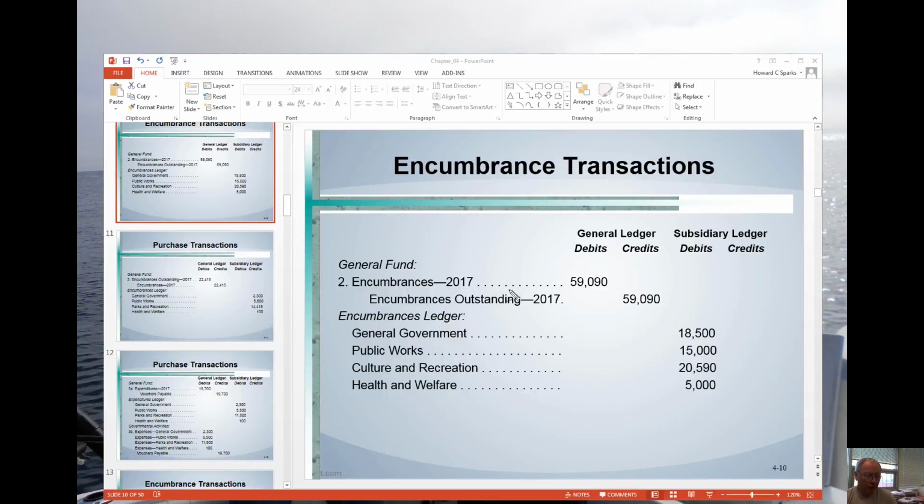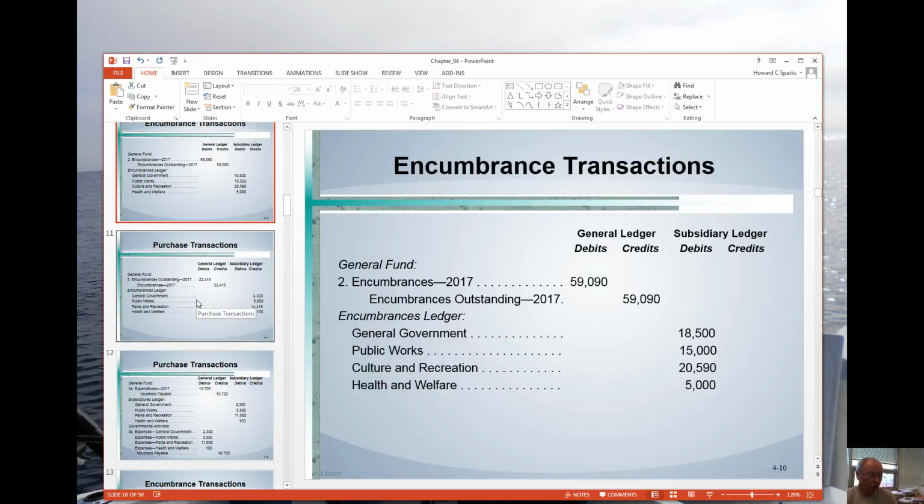Here's the total, and here's how they break out. You've got general government, public works, and culture and recreation and health and welfare. These all relate to the purchase orders that we've issued, and they hold the funds. They keep us from overspending, and that's all that's happening there.